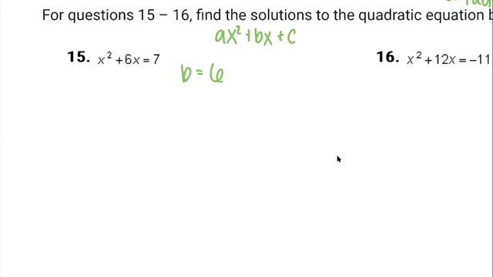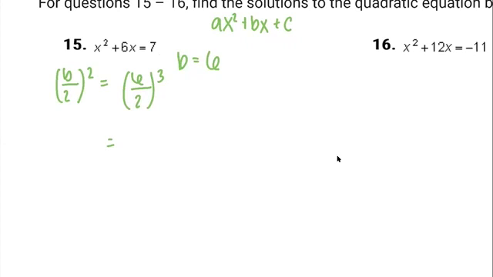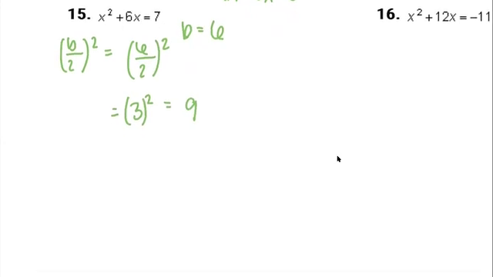So what we're looking for is b divided by 2 squared, or 6 divided by 2 squared, which is equal to 3 squared. Oh, I don't know why I wrote a cube there. Sorry. It's giving you the answer. 3 squared gives us 9.